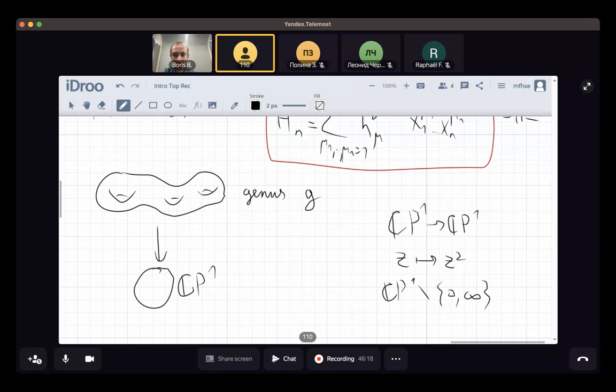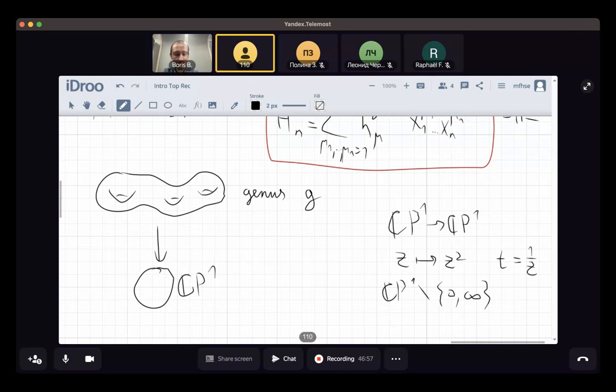Exactly the same as what's happening at 0. At infinity, you can just introduce coordinate t equals 1 over z, and you can see that there, this map is precisely the same in this coordinate t. Except for 0 and infinity, you just solve a quadratic equation, which has two solutions, so this is 2 pre-images.